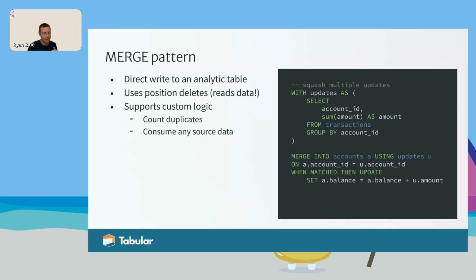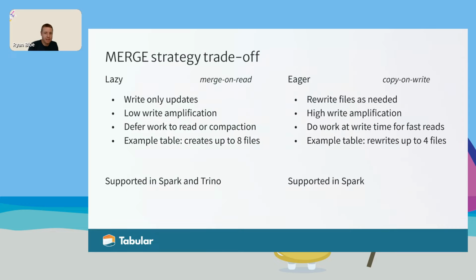So we can use either position deletes for a lazy approach or rewrite data files for an eager approach and have a really nice pattern for read. Essentially, we can trade off whether we want higher write amplification or more work at read time. And that's basically the next trade-off.